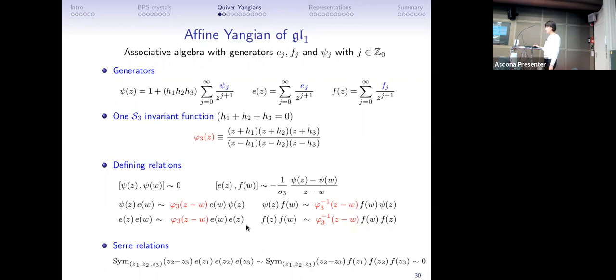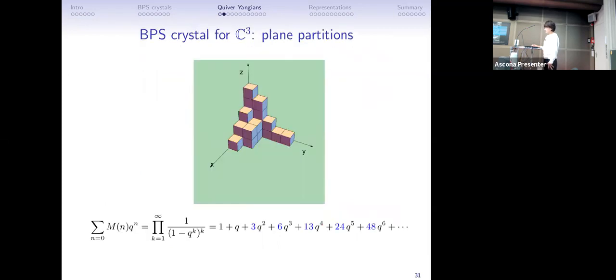If you're not familiar with this algebra, it might help to know that it is equivalent to the universal enveloping algebra of W1 plus infinity. That's how they used this in the proof of the AGT. The BPS crystal is just the set of all possible plane partitions, and the generating function is just this MacMahon function.